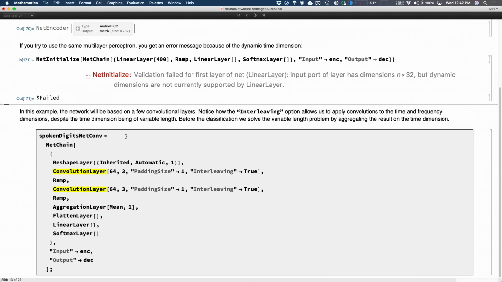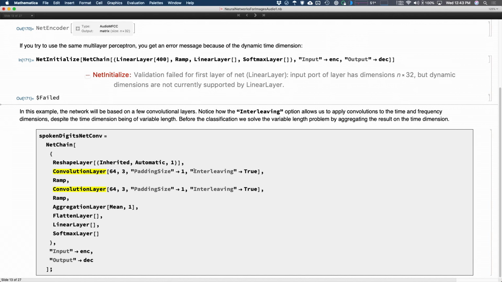Now, I don't know how many of you are familiar with neural networks in general, but in image processing, one typical architecture uses convolutional layers, which perform convolutions on images. Out of the box, a convolution layer does not work on varying dimensions.